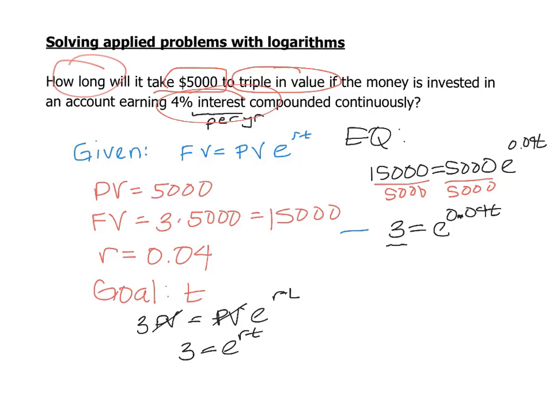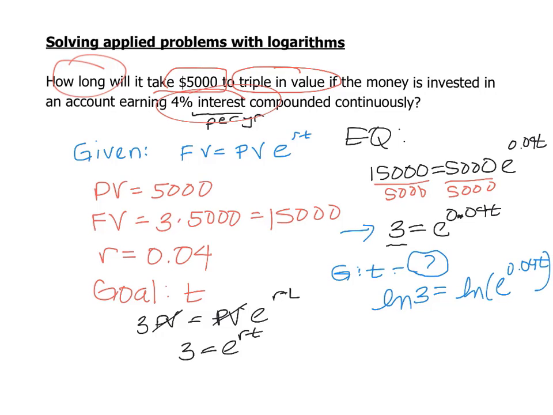Going back to solving this equation, we have 3 equals e to the 0.04 t, and our goal, remember, is to get t equals some number, who knows what it is. And t is in that exponent, so to get it out of the exponent, we're going to log both sides. Since I've got a base e, I'm going to natural log both sides. So I have natural log of 3 is natural log of e to the 0.04 t.